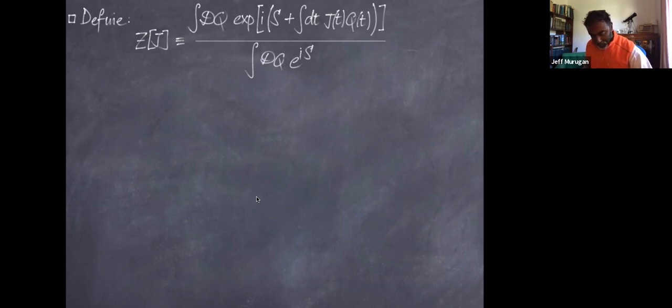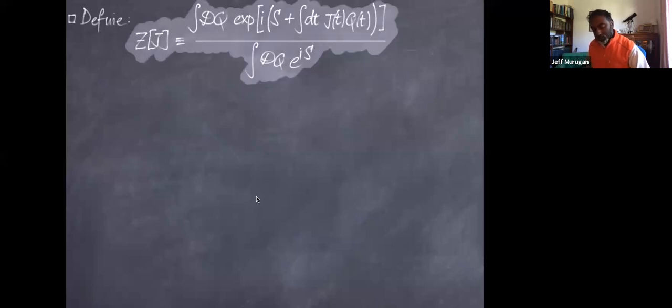This Z is going to be related to the partition function that we've already encountered in statistical mechanics. And I'm going to call it, for our purposes, the generating function, because what it's going to do for us is generate correlation functions in the following way.